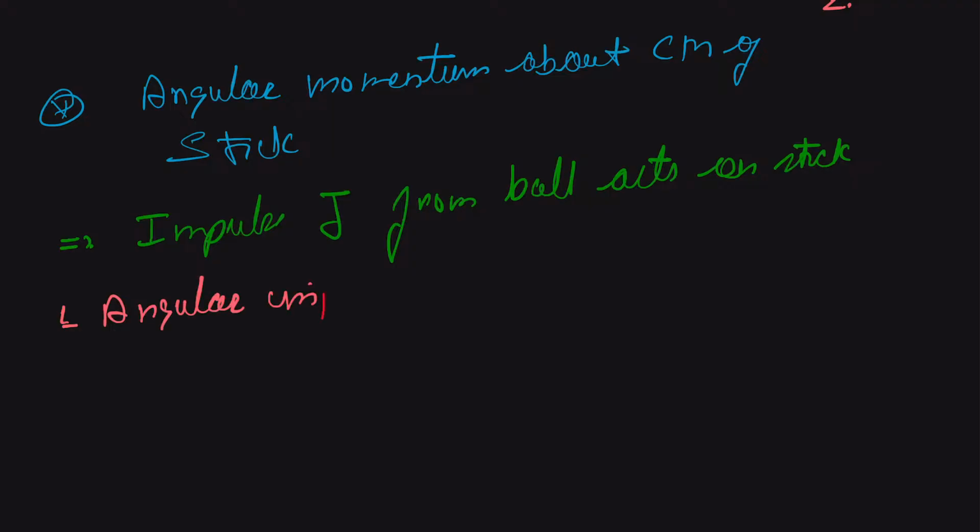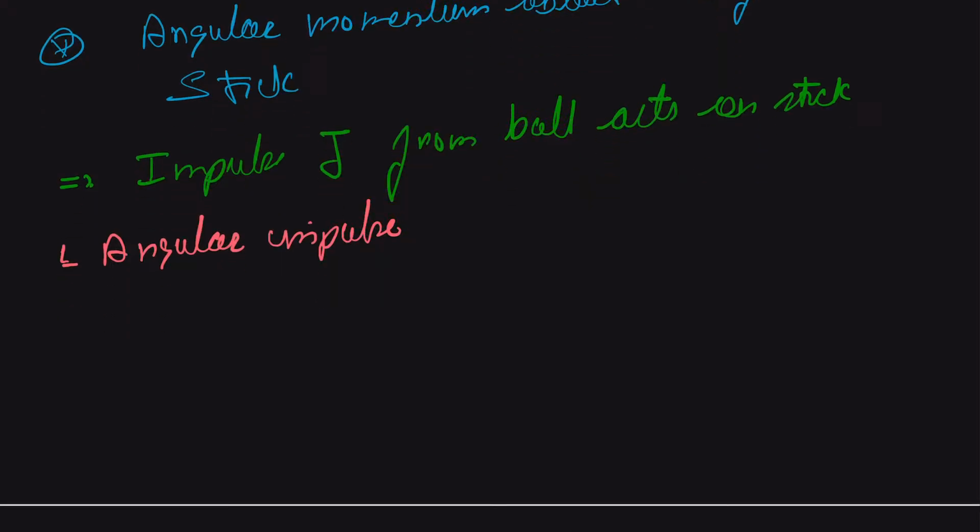The stick is pushing the ball rightwards, and therefore the ball is going to push the stick leftwards in the opposite direction, action reaction. Okay. So from here we can say that there will be a torque direction which is going to oppose the rotation.